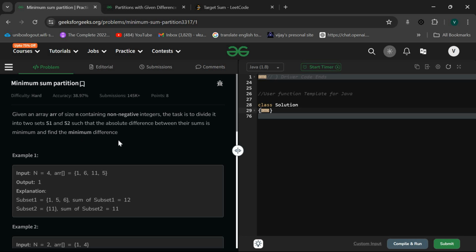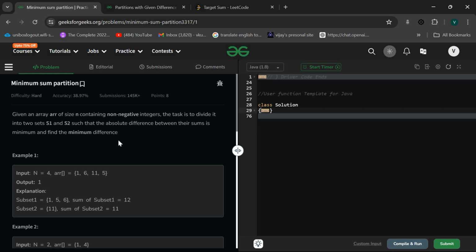I think I taught you a last problem, the equal sum partition problem, where you divide an array into two partitions, count the sums, and check whether S1 and S2 are equal. This is related to that problem. That's why I am asking you, if you haven't watched my previous video, first go to that video, then come back to this video, okay.